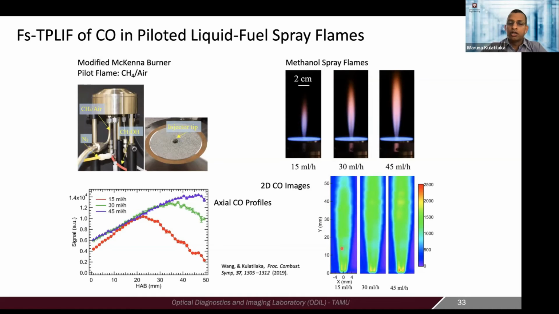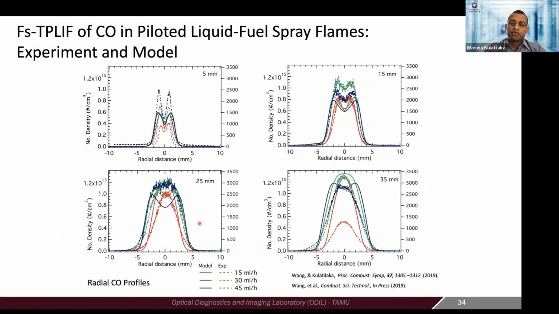These are 2D CO images, short average 2D CO images, and then we also take the radial profile, so height above the burner along the center line, and then at a few different equivalence ratios. These we have compared with some spray flame models, and get a reasonable agreement of these radial profiles, and also as a function of height.